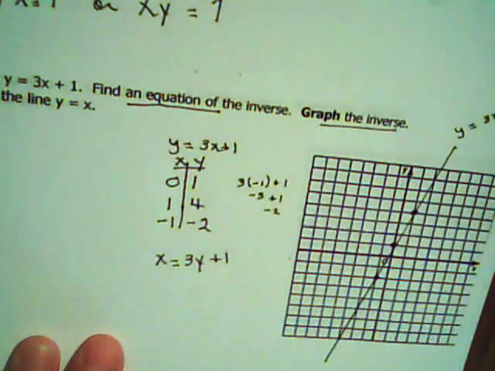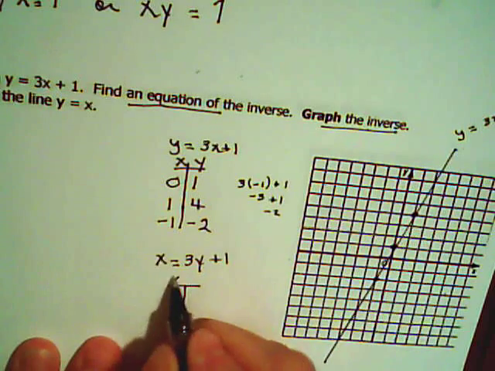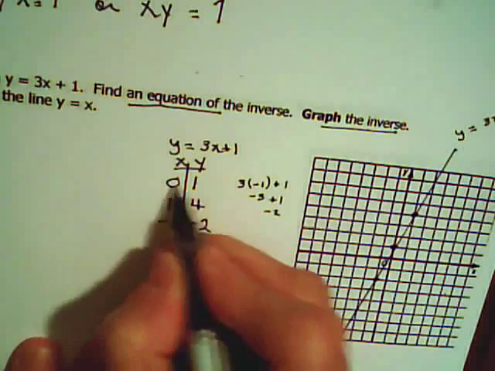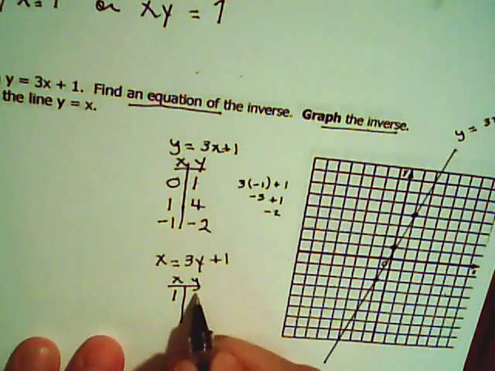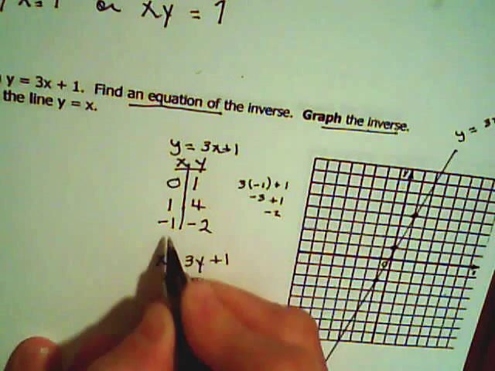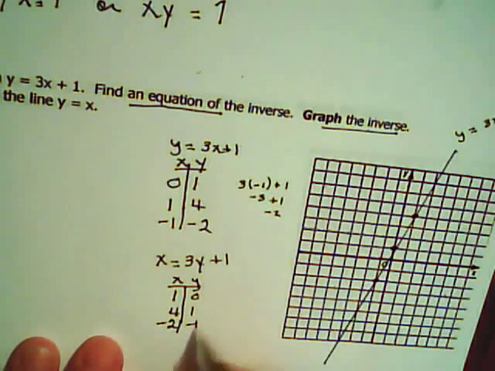Now we don't need to find new points because we'll use the points that we have above, remember, and just interchange x and y. (0, 1) will become (1, 0). (1, 4) will become (4, 1). And (-1, -2) will become (-2, -1).